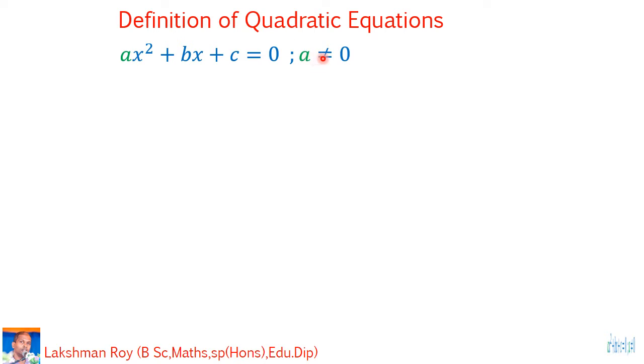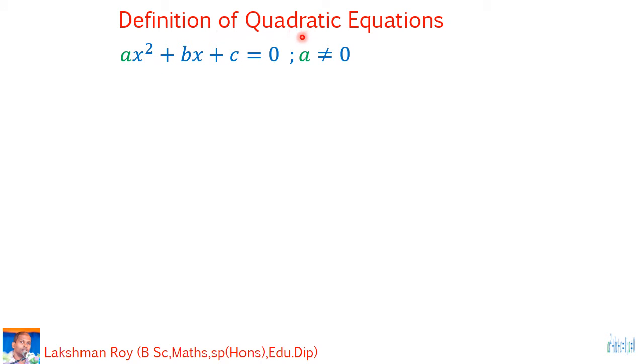So this one should not equal 0. The coefficient of x, b, may be 0, or the constant term c may also be 0, but a should not equal 0. So if you write any equation in this format with an x square term, it is called a quadratic equation.